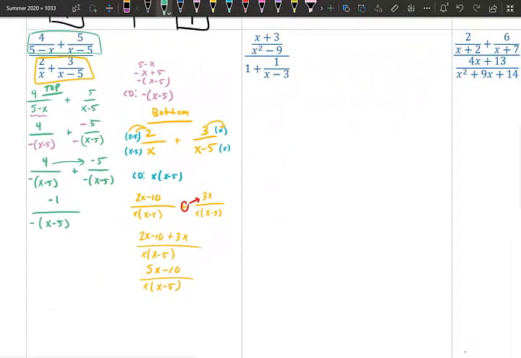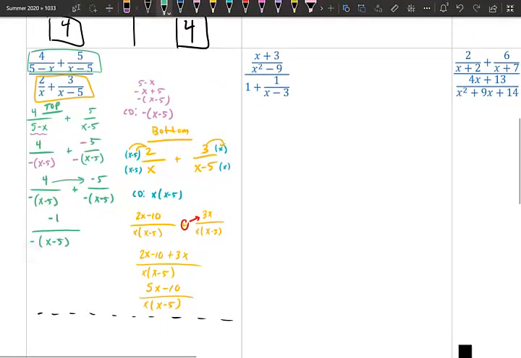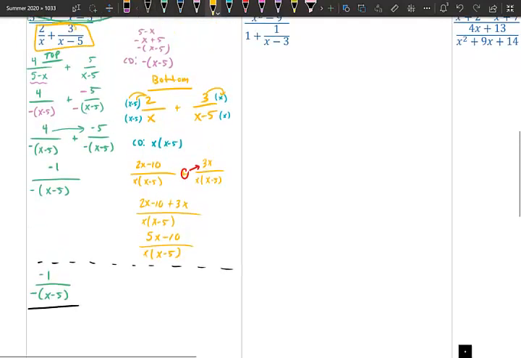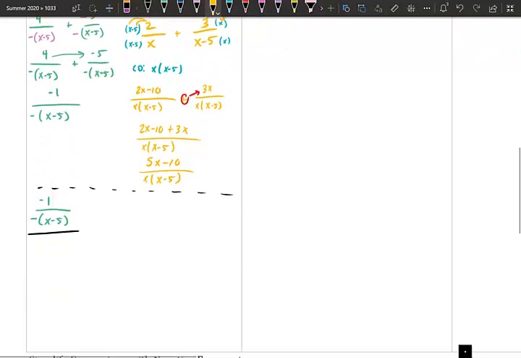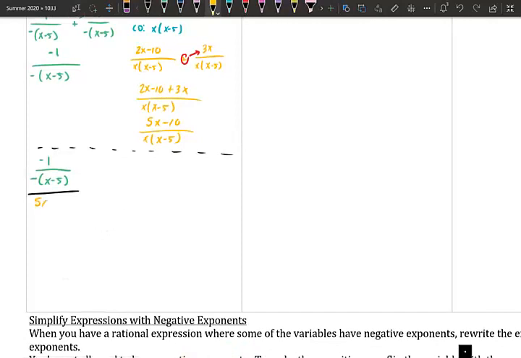So on top, the top simplified to negative 1 over negative times x minus 5. And then the bottom simplified to 5x minus 10 over x times x minus 5.